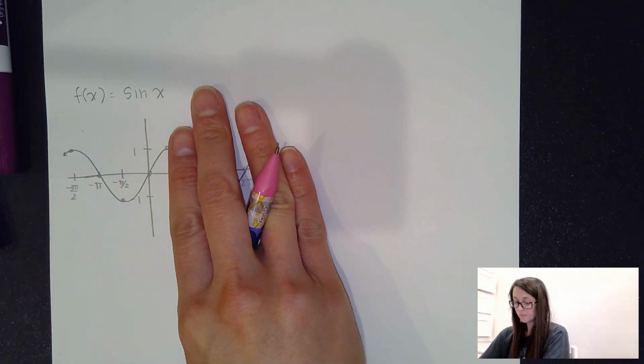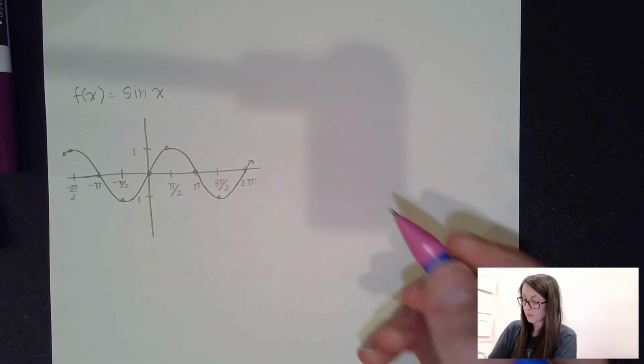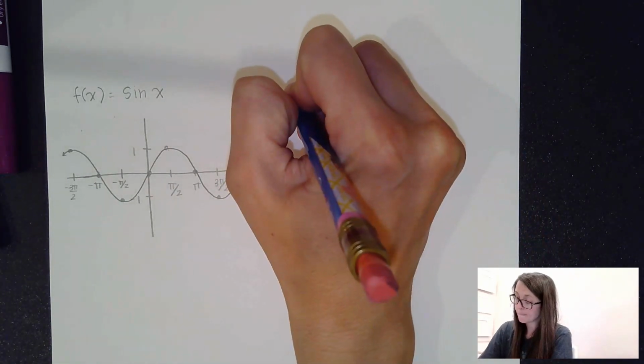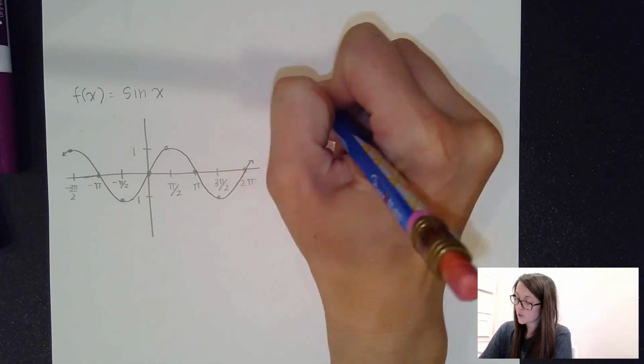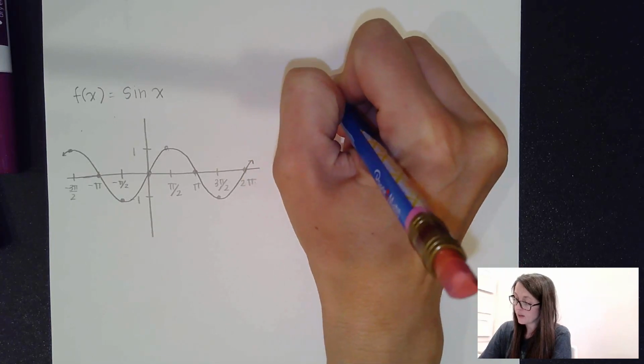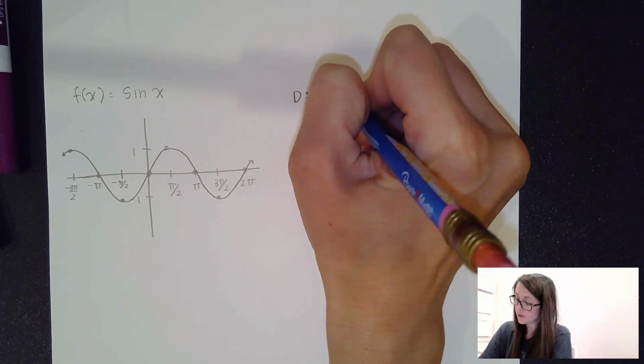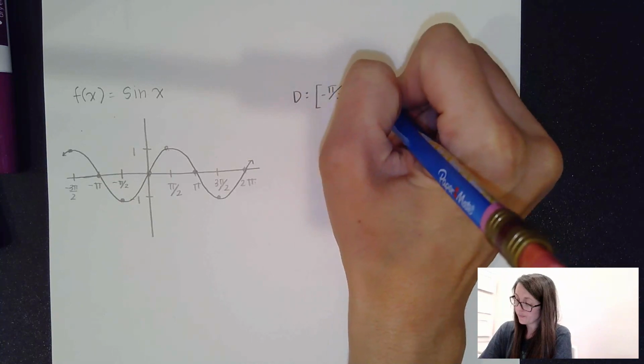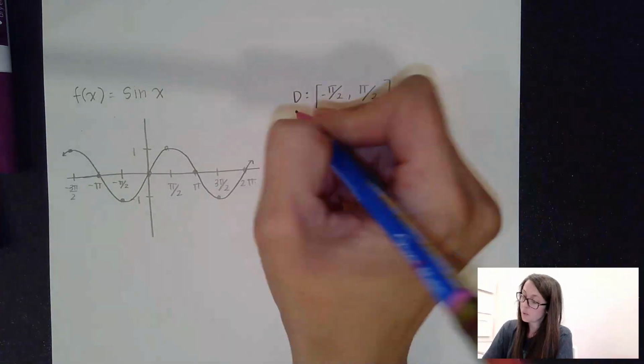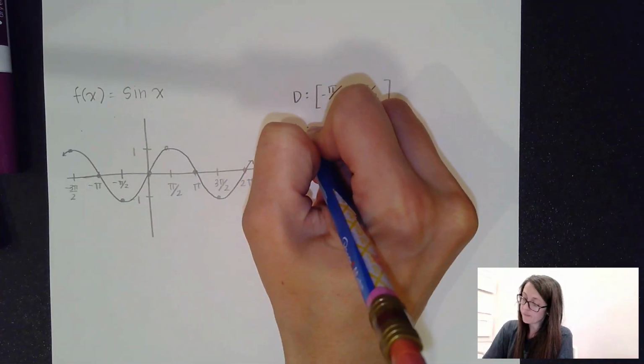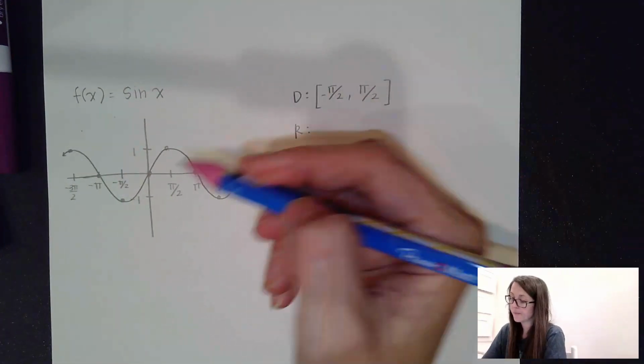Okay, so if I restrict the domain to just be negative pi over 2 to pi over 2, then what would my range of values be for my regular sine curve?